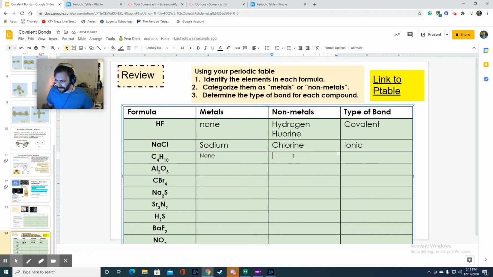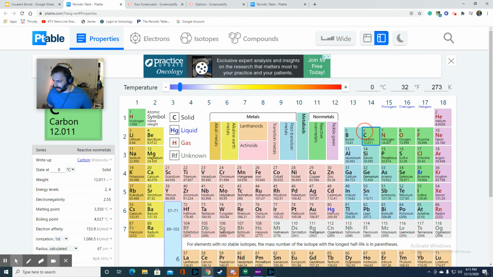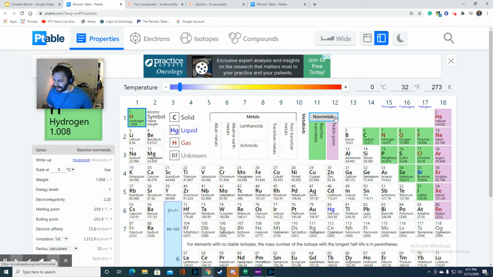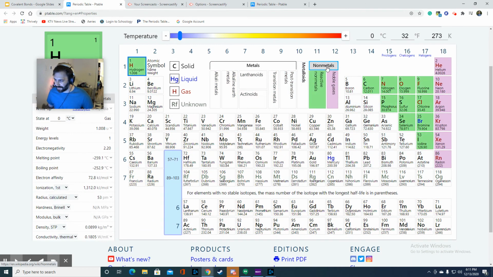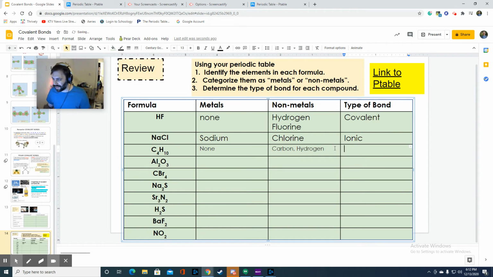And then nonmetals, they're both nonmetals, right? We see carbon here, we see hydrogen here. I'm just mousing over and it's showing me which ones are the nonmetals. I see the C for carbon and the H for hydrogen. Nonmetals: carbon, hydrogen. What type of bond is it? If they're both nonmetals, it's going to be covalent.